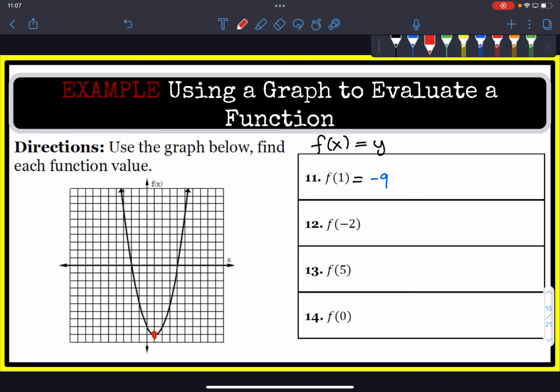f of negative 2 means that when x is equal to negative 2, which is right here, the y value is equal to 0. That red dot here is at negative 2, 0. This point down there was at 1, negative 9.